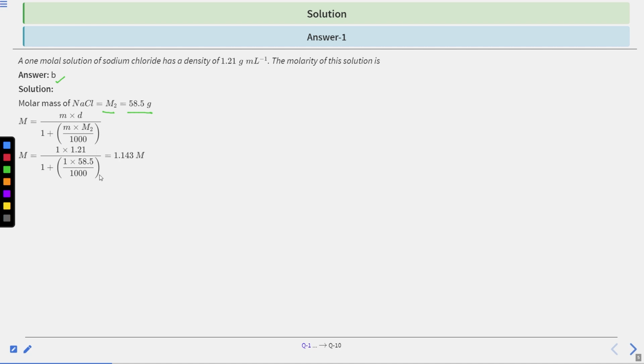On putting the given values in this equation, molarity is equal to 1.143 molar. Hence, option B is the correct answer.